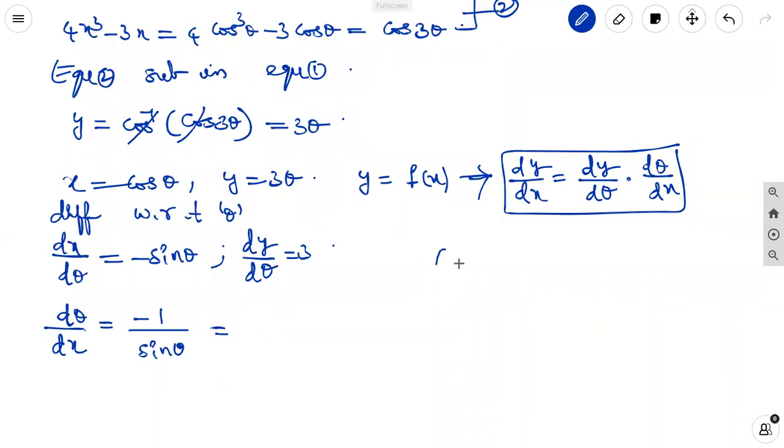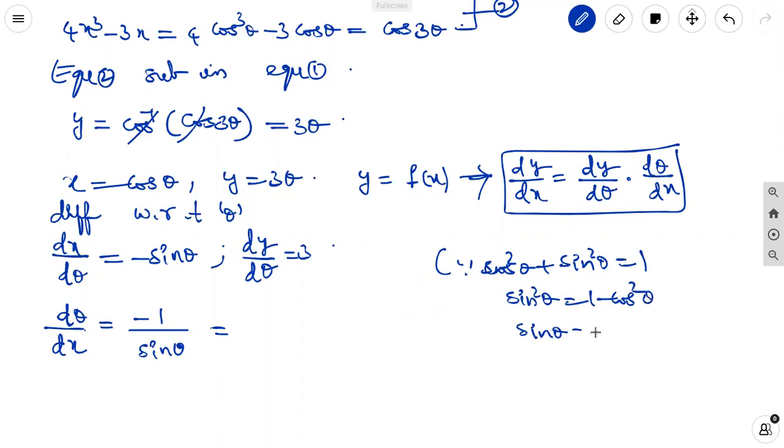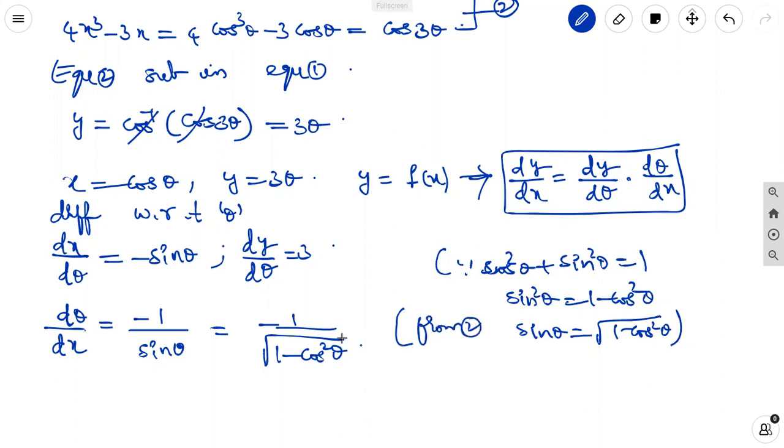Here we know the identity cos square theta plus sin square theta equal to 1. From this, sin square theta equal to 1 minus cos square theta, then sin theta equal to under root of 1 minus cos square theta. So here it is minus 1 by under root of 1 minus cos square theta. But from 2 we took cos theta equal to x.